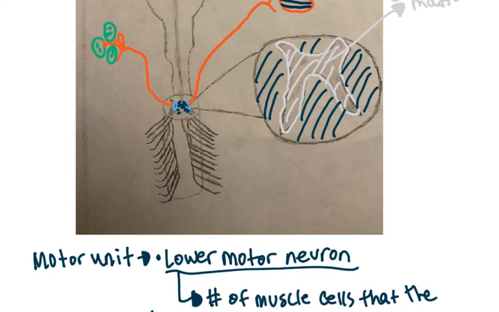You have to contract a lot of muscle cells. You can even experience that in the gym too. Leg day is so much harder than some forearm exercises, because with squats you're activating so many more motor units than if you did forearm curls or something, right?